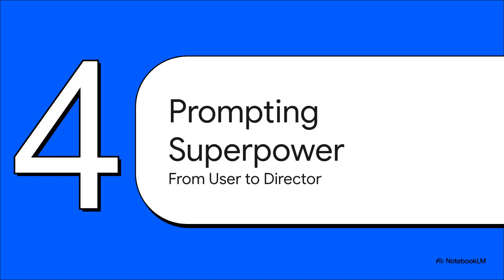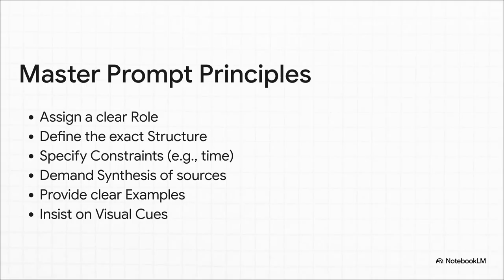Okay, so let's put this all together. How can you make this work for you? We can actually boil this whole process down into a handful of core principles. This is your toolkit, your new superpower for turning any complex topic into something anyone can understand. You're going from user to director. So here they are, the key takeaways. First, always give the AI a clear, expert role to play.